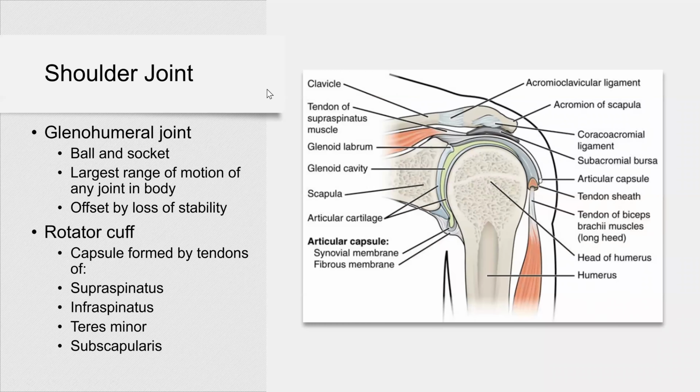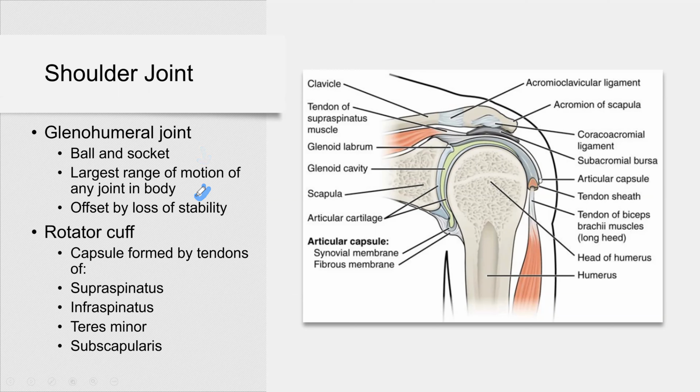The shoulder joint is the glenohumeral joint. If you remember, we have the scapula, and within the scapula, the glenoid cavity, which is a socket, and the humerus has a head, which is a ball. So it's a ball and socket joint, with the largest range of motion of any joint in the body. And because we have a large range of motion, we lose stability.